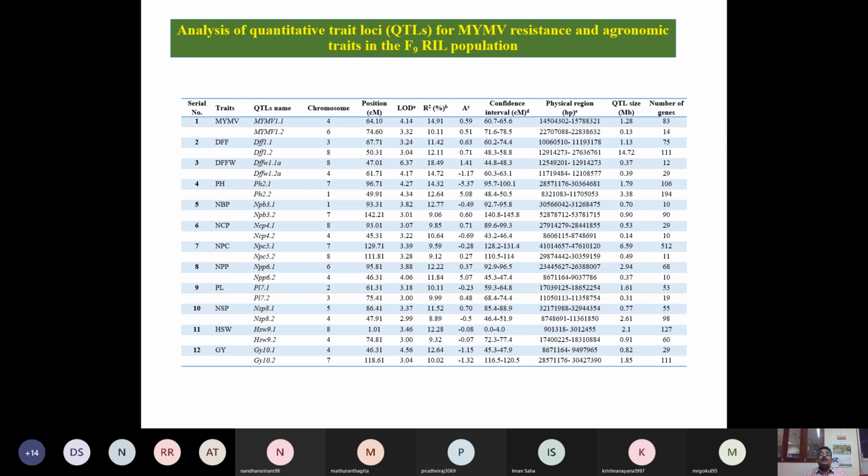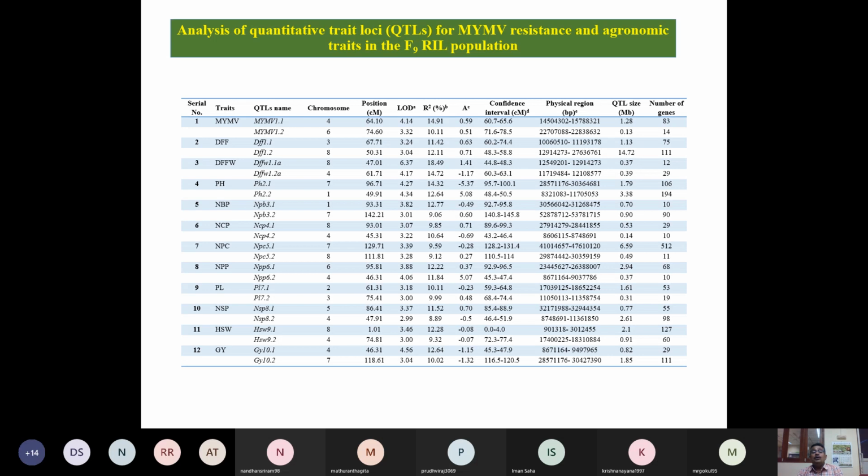Together, these two major QTLs contribute around 24% of the phenotypic effect. A QTL with more than 20% phenotypic variance will be a good QTL. QTLs with less than 10%, or even less than 9%, may not have a big influence on the trait of interest. Maybe minor genes are involved.